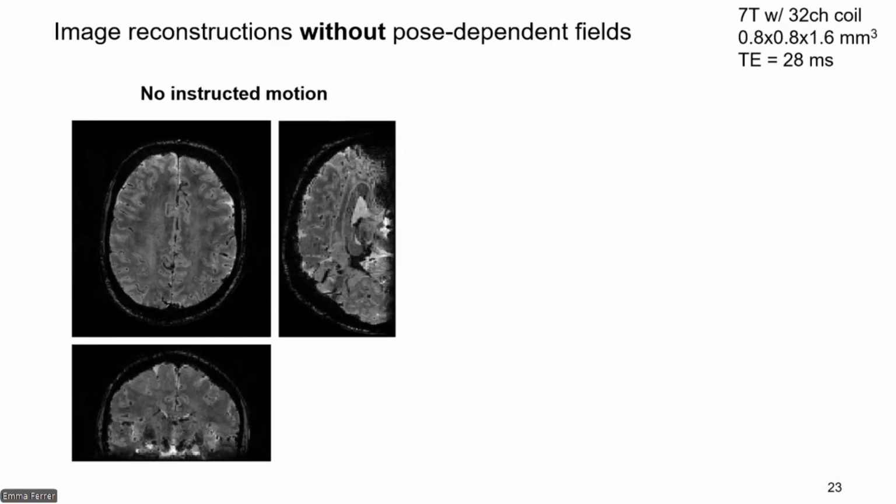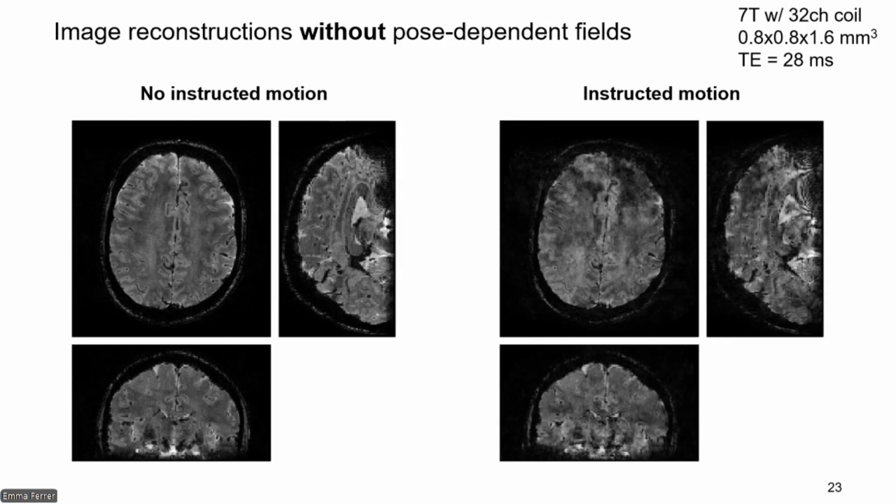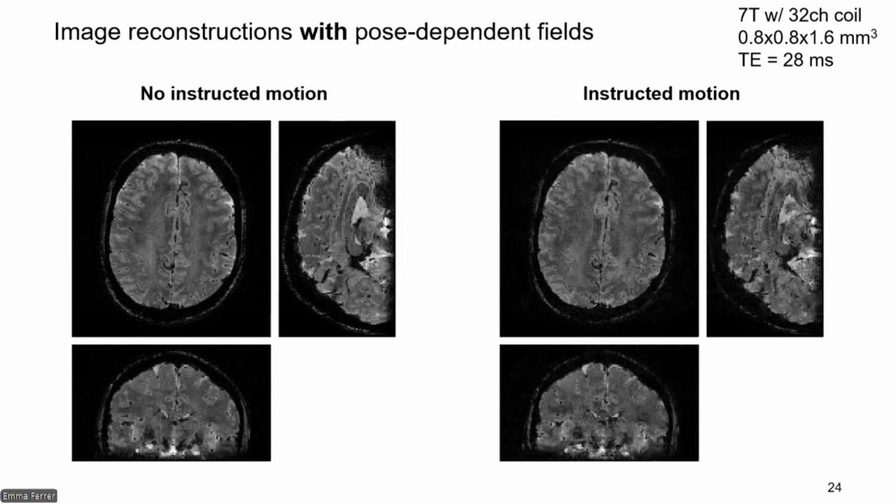We did some scans at 7 Tesla with relatively high echo times of 28 milliseconds, without instructed motion and with instructed motion, where we asked them to take a series of positions, and these are the artifacts you're getting from that, like signal dropouts and these wave-like artifacts above the nasal cavities because of the field inconsistencies over there.